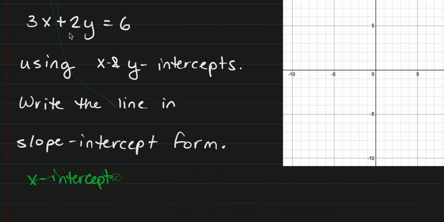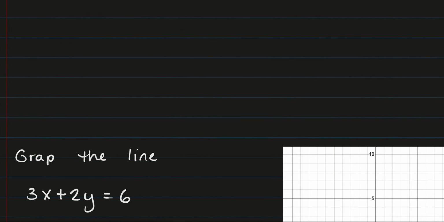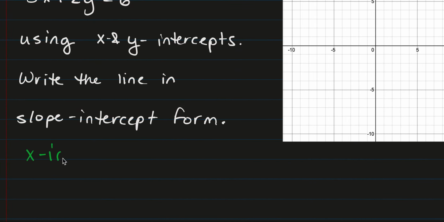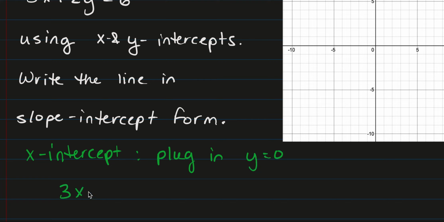Don't know why my pen is dragging. It's a little annoying. Let's try that again. Okay, so the x-intercept, we're going to plug in y = 0 into this equation, 3x + 2y = 6.